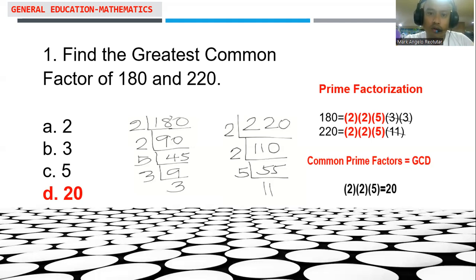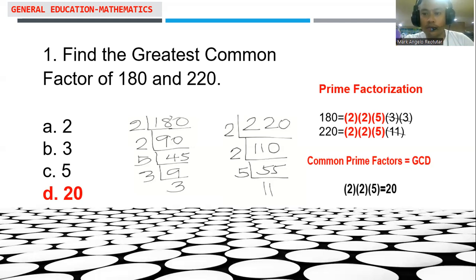Now take note, we are looking into the common factor, which is considered to be the largest factor that we can find in both 180 and 220. So what we are going to do, considering the prime factors that we have found, is look also for the common prime factors of the two given numbers.